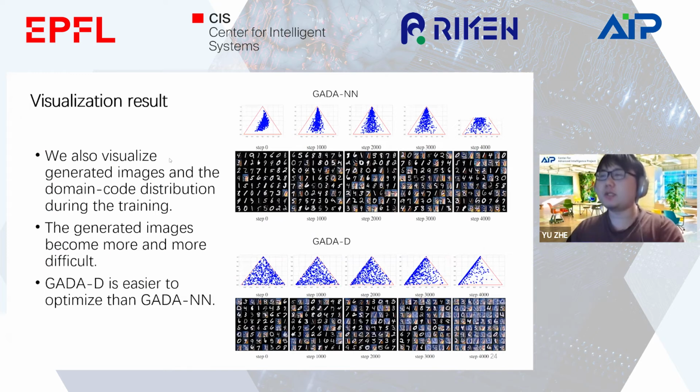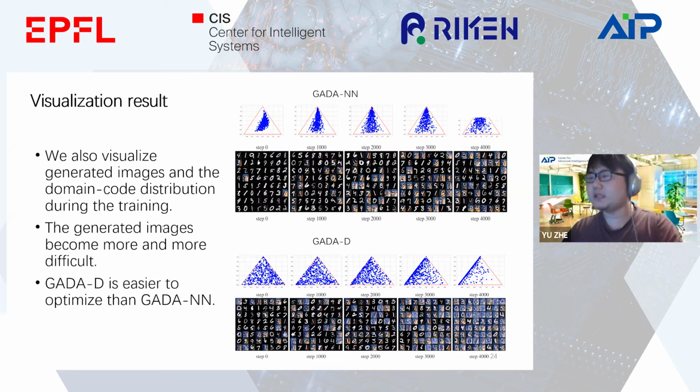And also, we visualize our 2 proposals. We visualize the generated images at each step and the domain code distributions during training, as the red figure shows. The top is the visualization result of the GADA, and the bottom is the visualization result of the GADD.